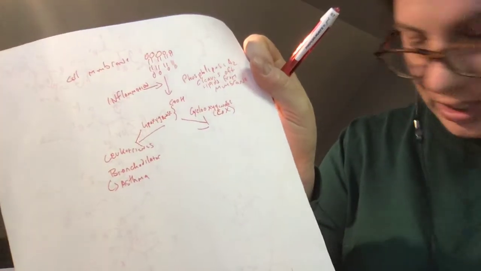But these lipids can be worked on by other enzymes as well, like cyclooxygenase. That enzyme's also abbreviated COX. So in response to cyclooxygenase, we're going to get prostaglandin H2.